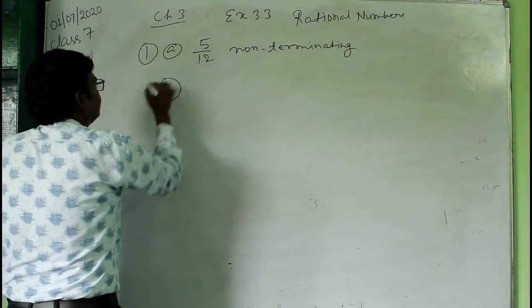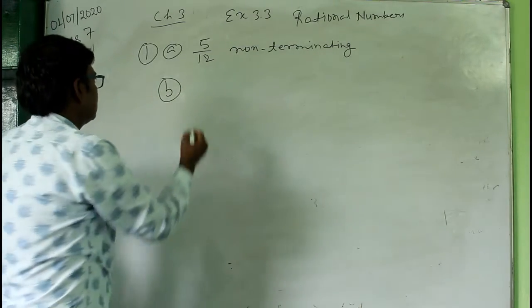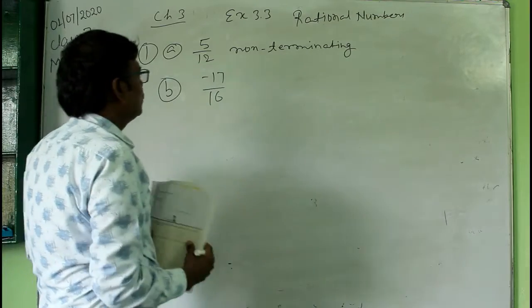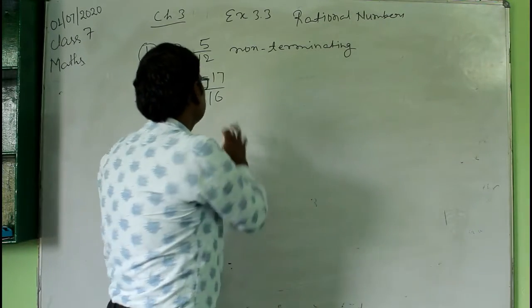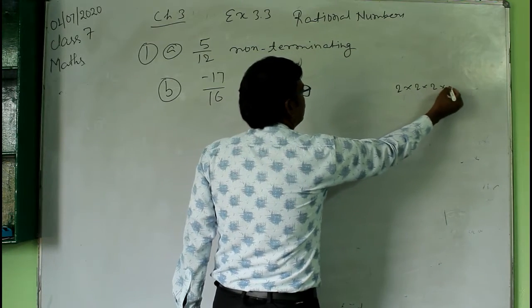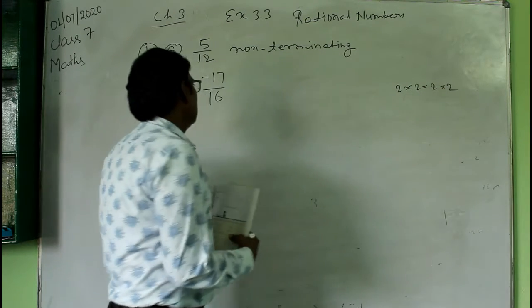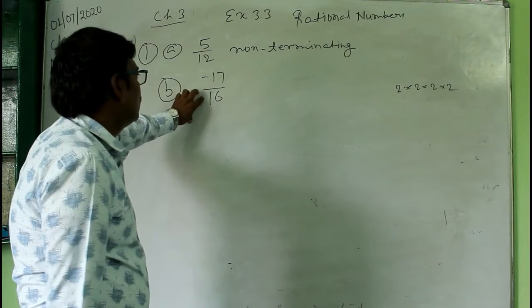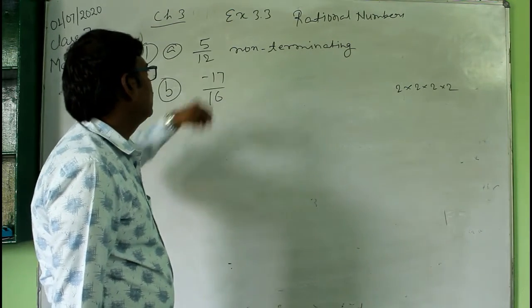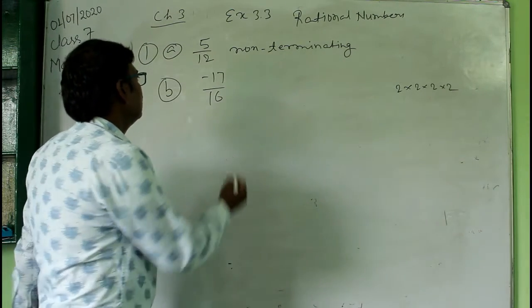And B, it is minus 17/16, and you can do a little rough work here. 16 is 2 into 2 into 2 into 2. Now see that in the denominator you have only 2. Okay, so this will be a terminating decimal.